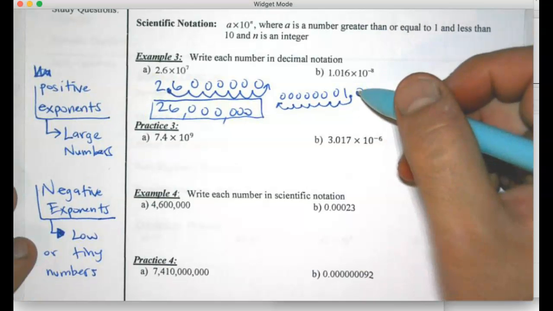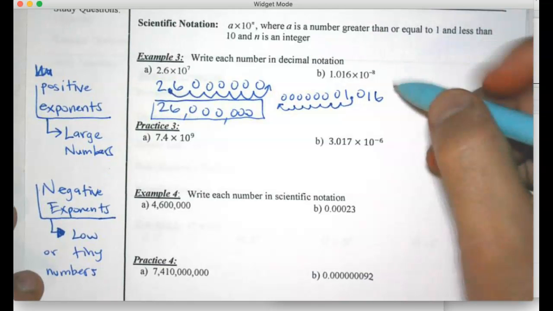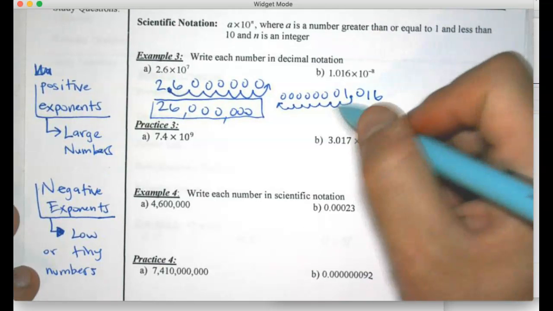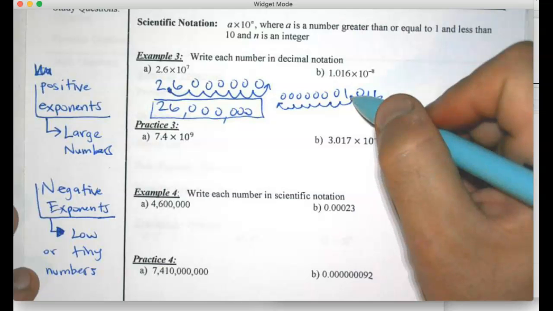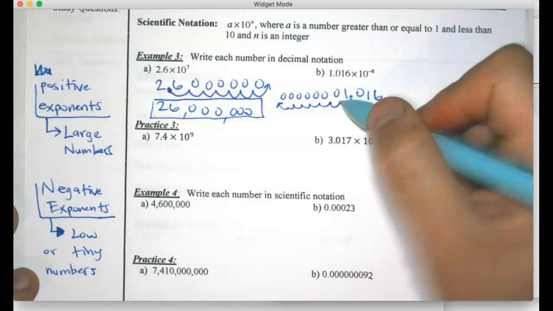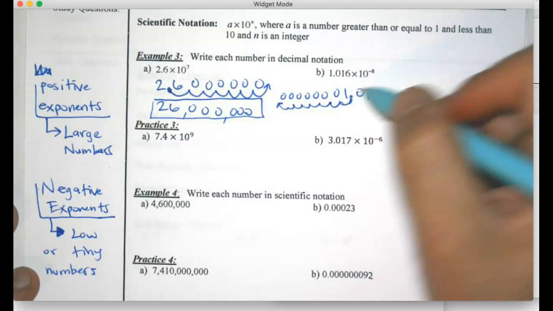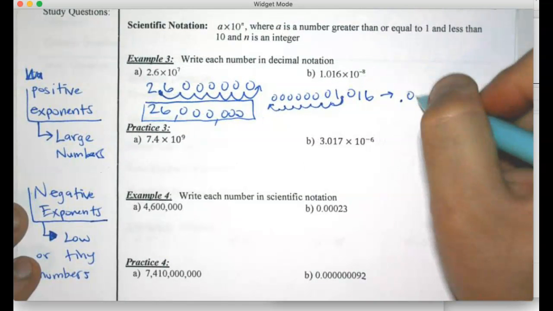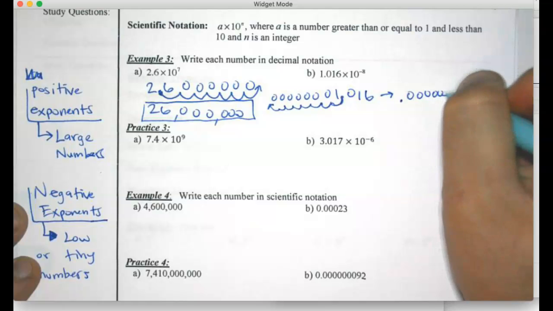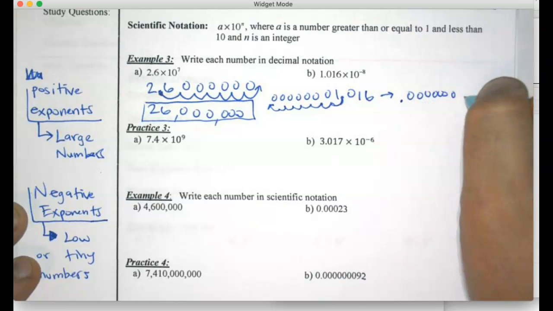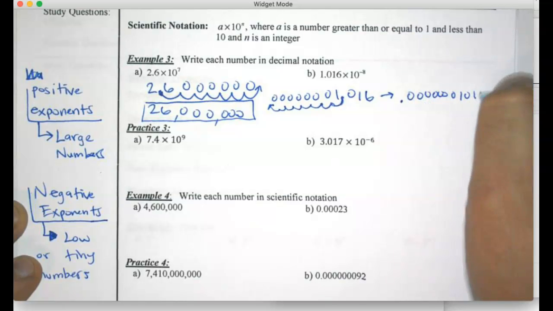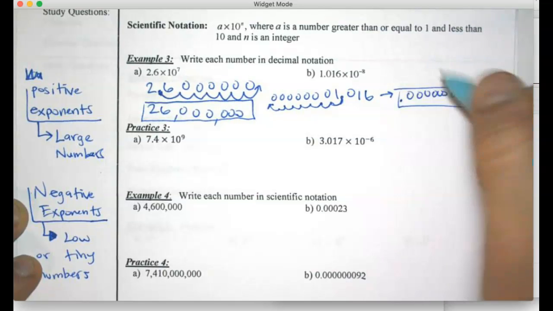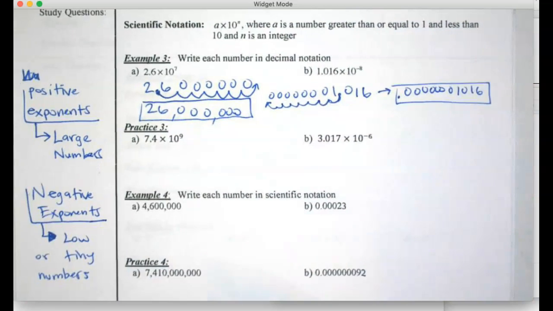So instead of counting how many times I moved it, I simply need to know that I move the decimal once, and after that 7 more times, so I have to have 7 zeros. So anyhow, 0.0000000 1016, again knowing I need 7 zeros, is a tiny number as promised.